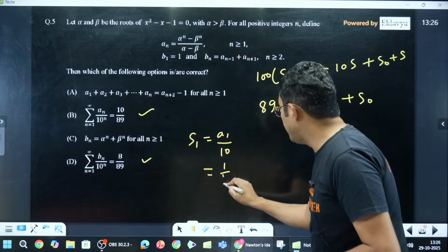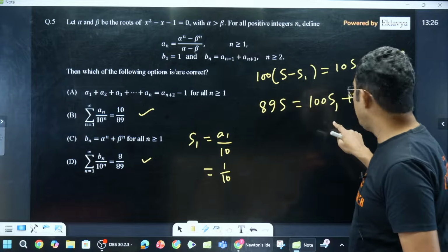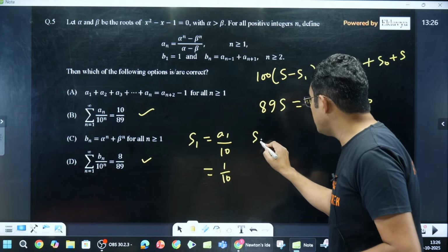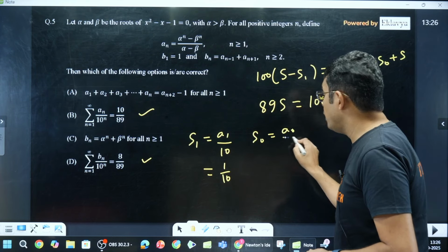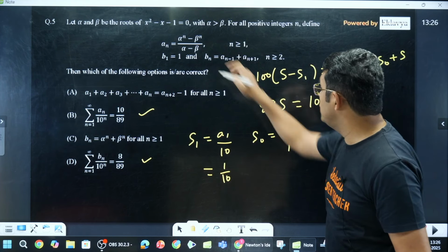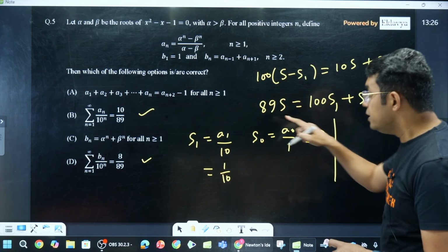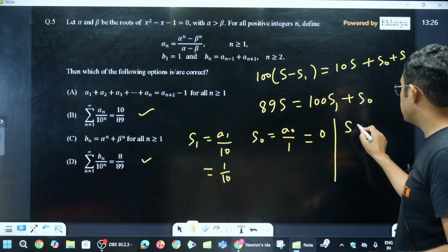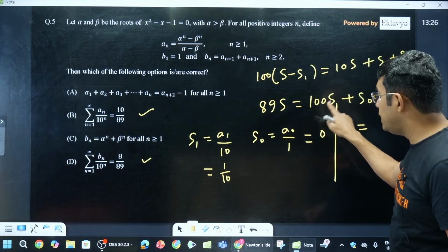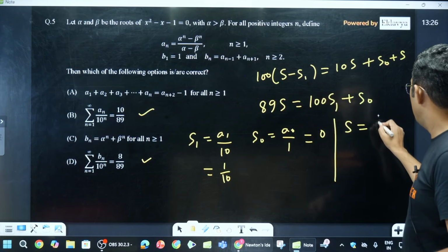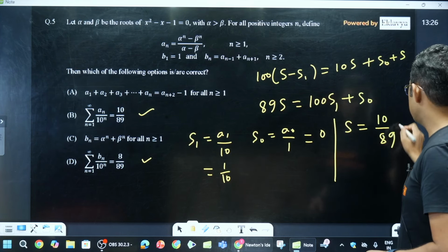So this will be 1 upon 10. If you put 10 here, and S0 will be A0 upon 1, and A0 is 0, you know it. So for this option B, S comes out to be 10 upon 89. So this option is correct.